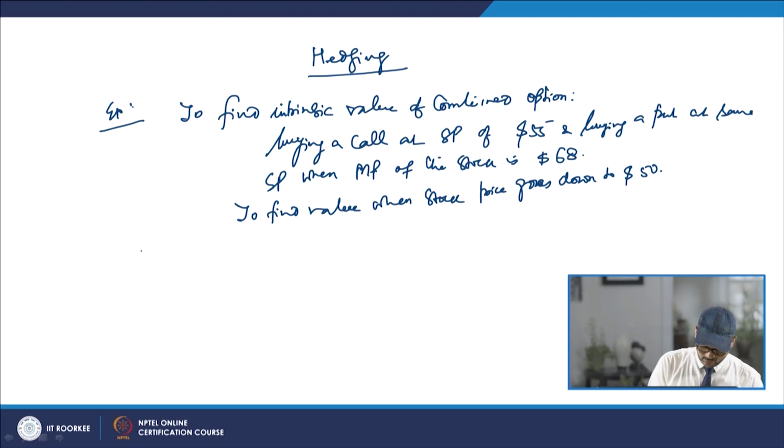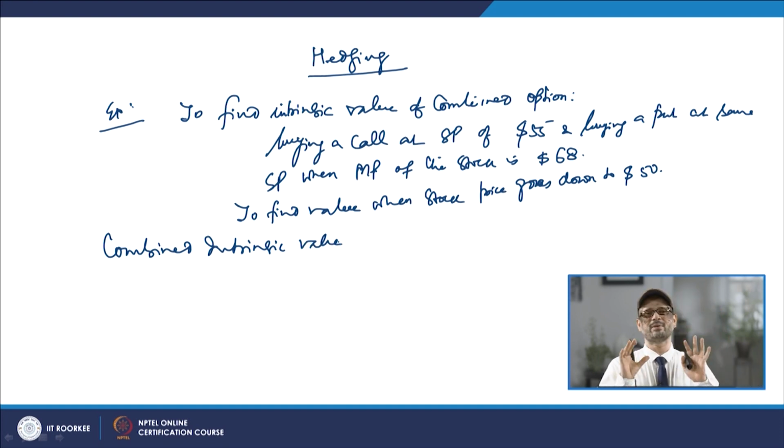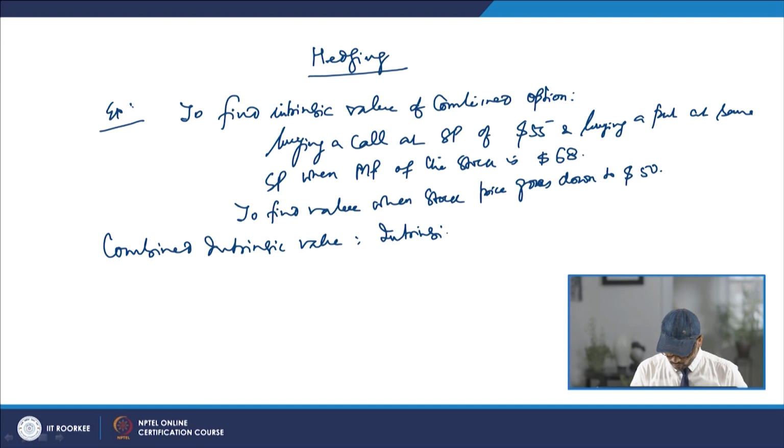So if you try to find the combined intrinsic value, it will be the intrinsic value of the call and the intrinsic value of the put. Both of these are to be added. So this will be intrinsic value of call plus intrinsic value of put.